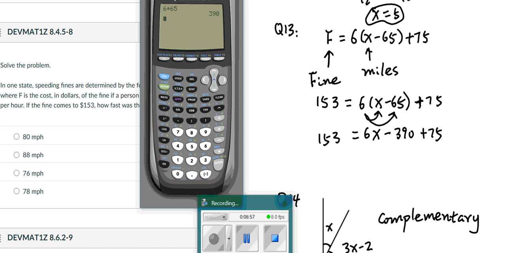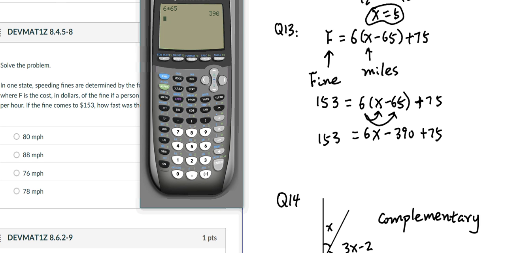So here we have a negative 390 plus 75. Hit enter.